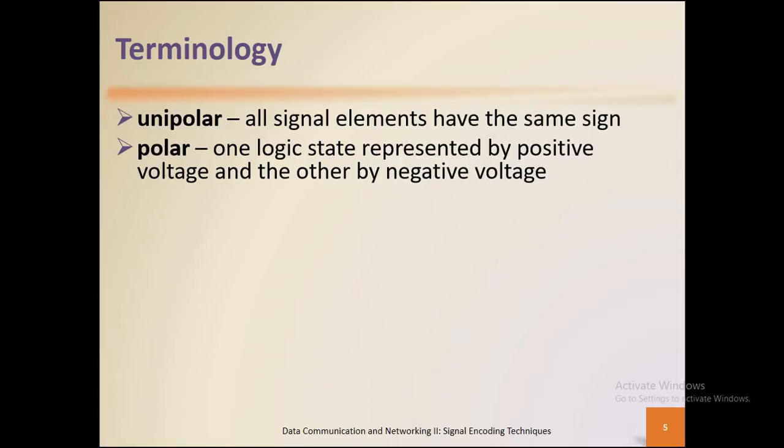I get that question a lot, even when I started understanding some of these terminologies or signal encoding in general. When we talk about the signal having a positive voltage or a negative voltage, what does that really mean? In its simplest form, does that mean the signal can be a plus or a minus?